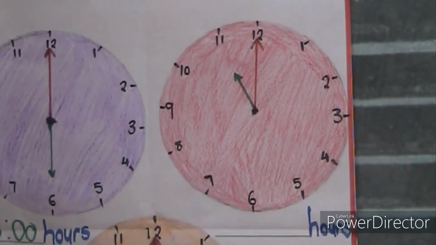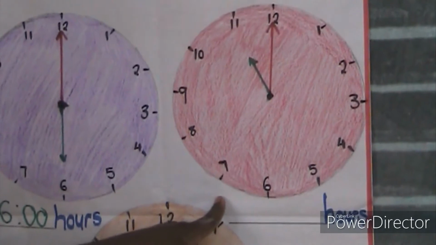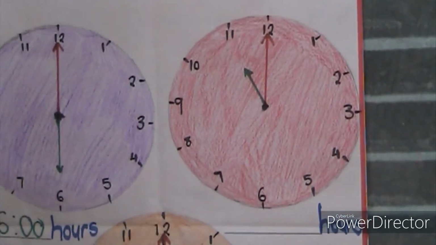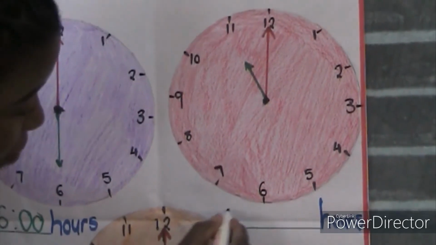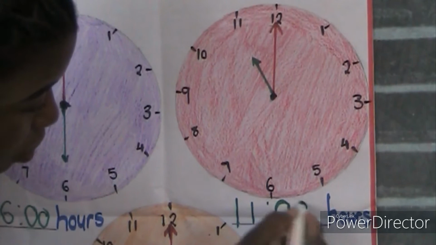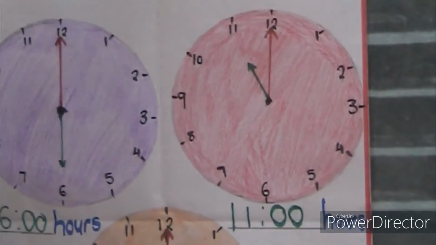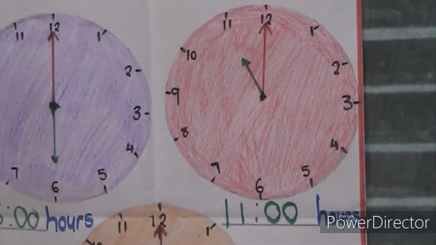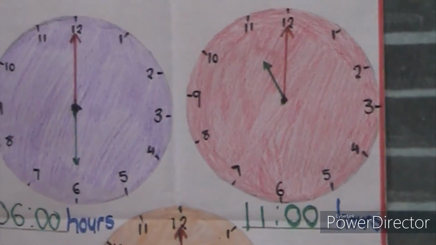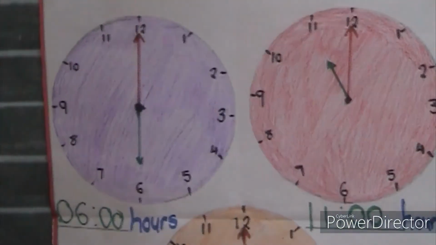We are not going to include a 0 when writing 11 because it is a 2-digit number. So we are just going to write 11, 2 zeros there, and that's it. And we can say our time is 11 hours, meaning it's in the morning. So our time here on the clock is 11 hours.